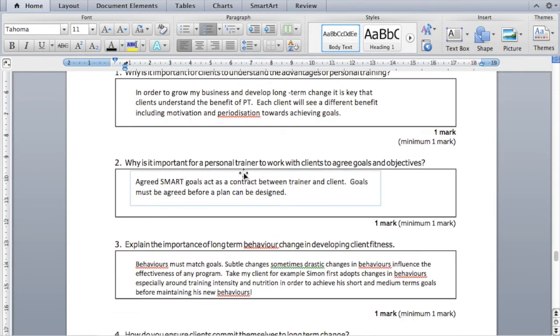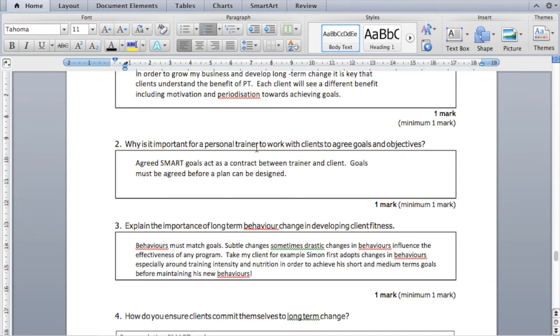So your answers don't necessarily have to be textbook, but they do need to be logical. Your assessor may ask you some questions just to check that they've understood what you mean. If they do so, they may write the question down here, ask you to sign and date it as the question was asked and what your answer was.